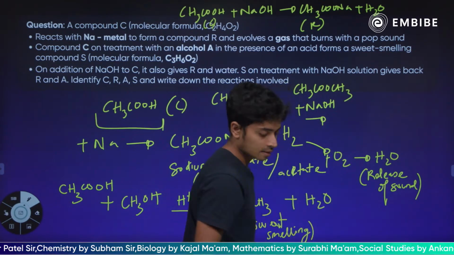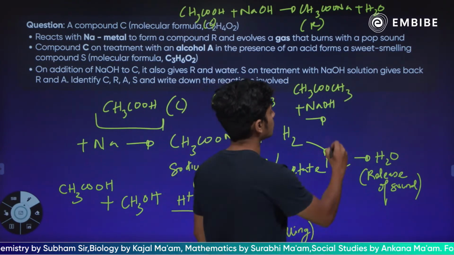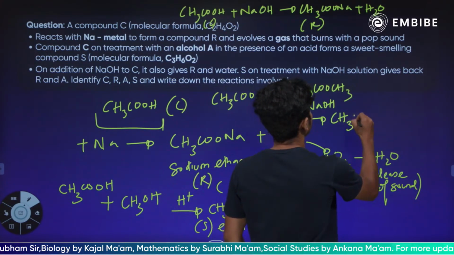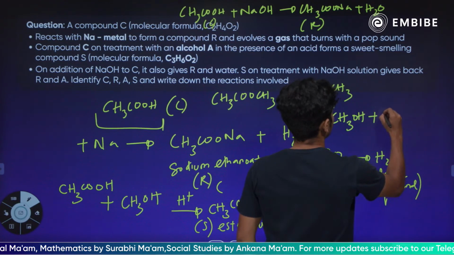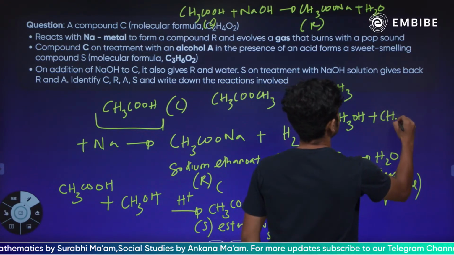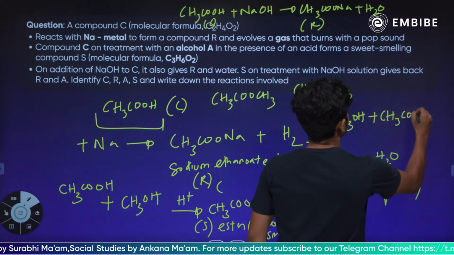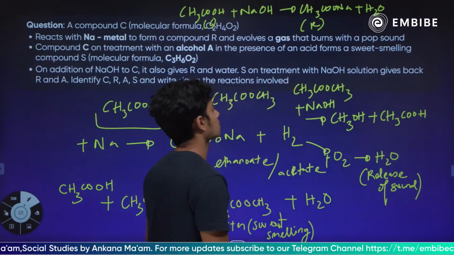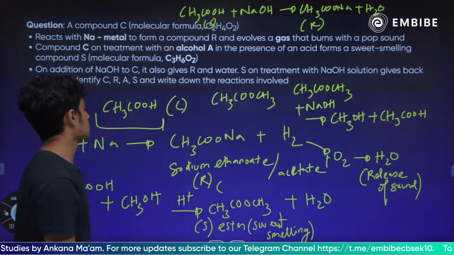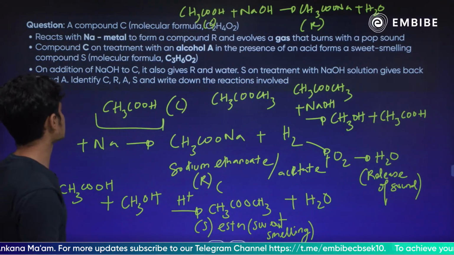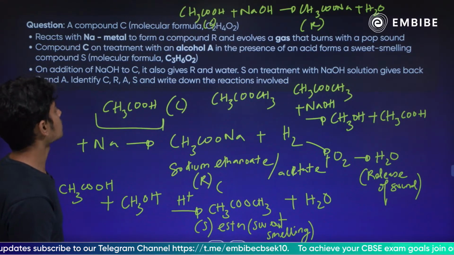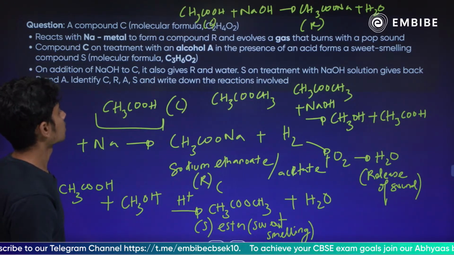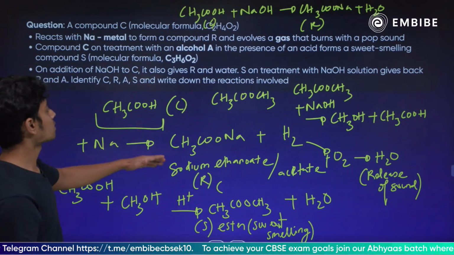So you will again get back your alcohol and your carboxylic acid, CH3COOH. So this is my last reaction. R I have got, C I have got, A I have got. I have taken A as my methanol. So how can you get methanol?